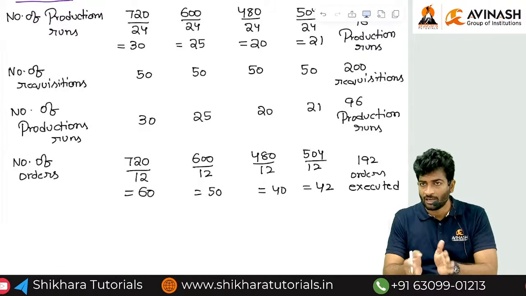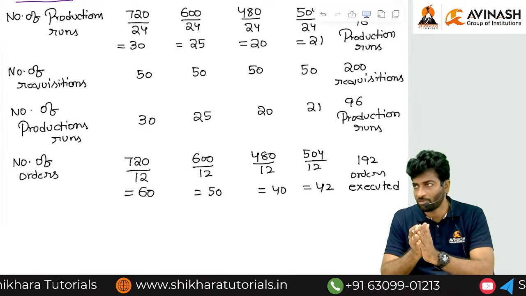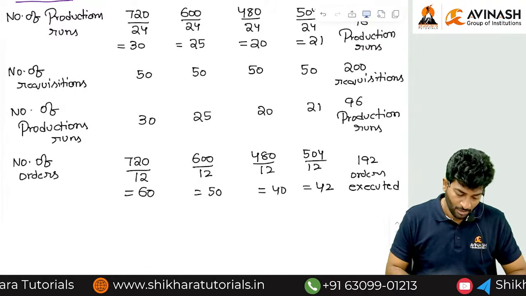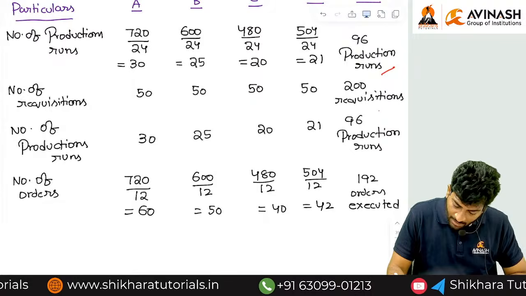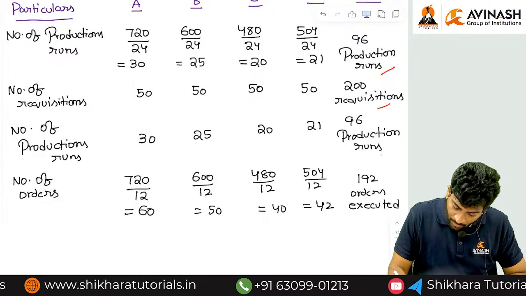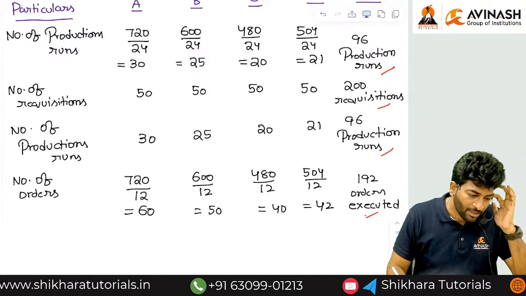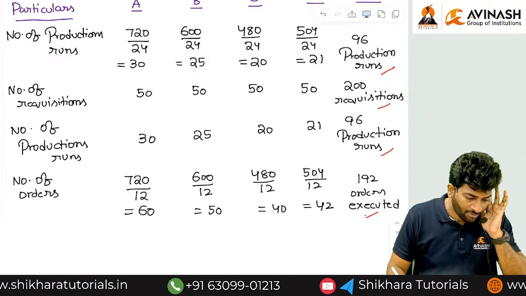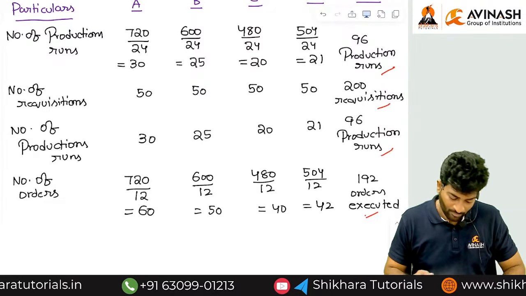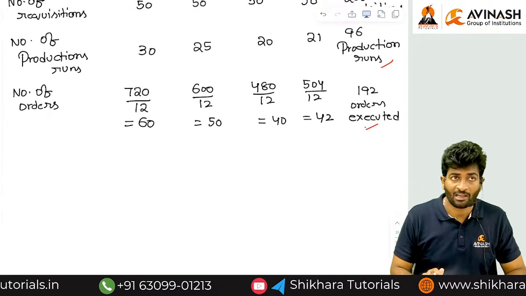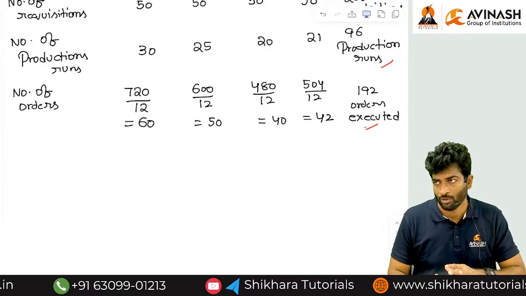Yeah, you should get the answer, right? We are following the same approach every time. Okay, we have production runs and 192 orders executed, right? After that you need to calculate ABC rate, which is cost pool divided by cost driver quantity.